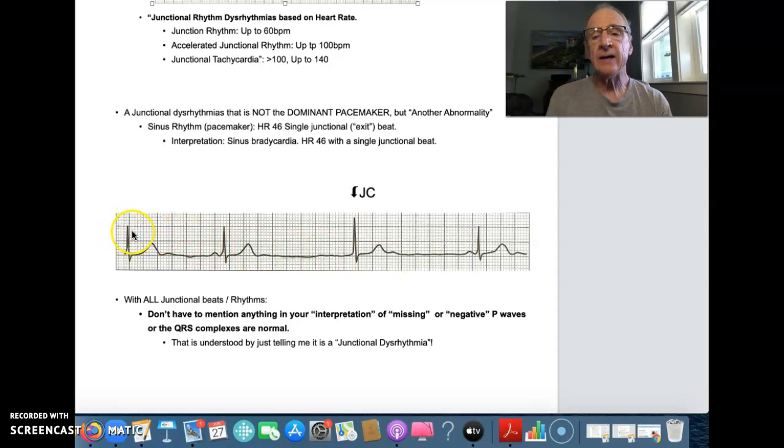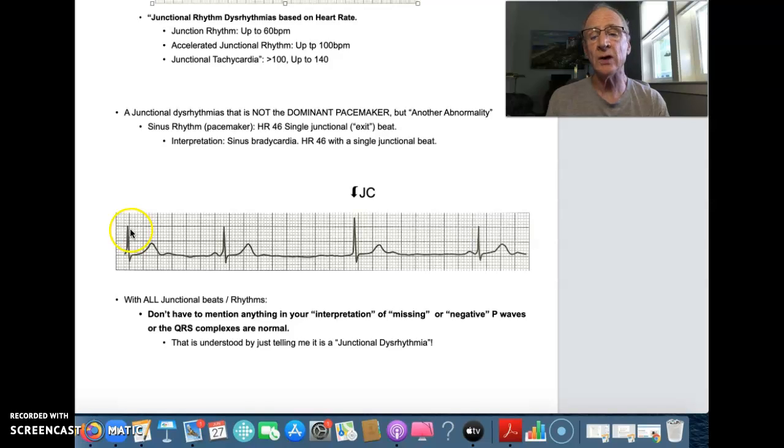When you're taking the heart rate, when you have a dominant pacemaker but something else is interfering with the rhythm, use the beats that are produced by the dominant pacemaker to get your calculation.